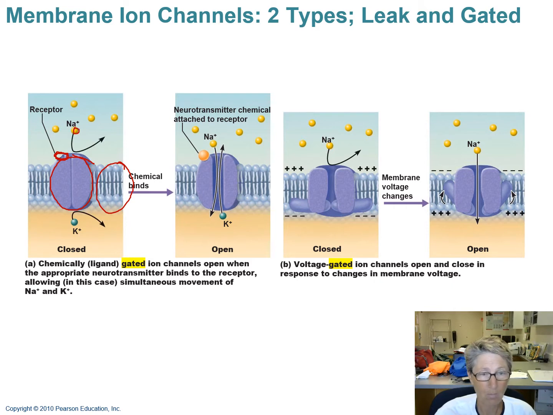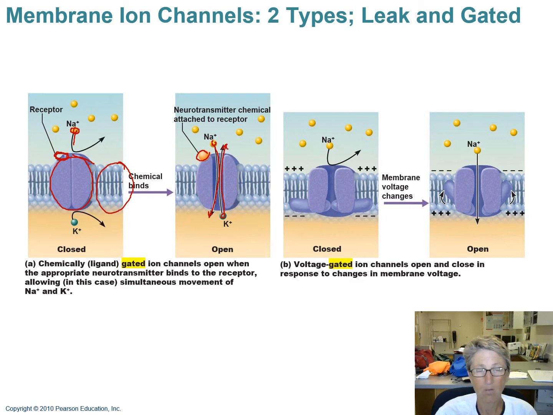It shows the yellow sodium ion trying to get in, and it can't because the ligand gated ion channel is closed. Now if you have the neurotransmitter, which is this orange ball, a neurotransmitter binds to the ligand gated ion channel, then the channel opens and sodium, the yellow sodium, can move into the cell down its concentration gradient, and potassium can move out of the cell down its concentration gradient.